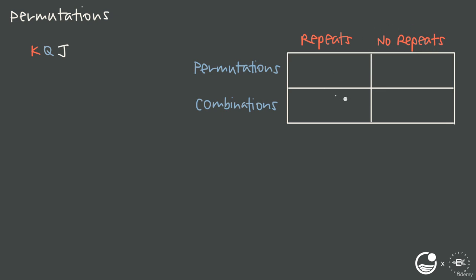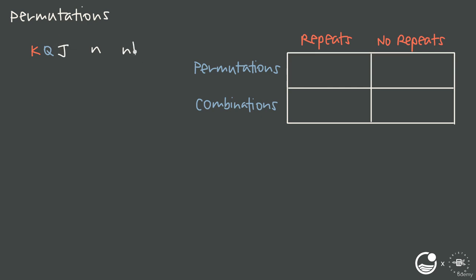So to start building out this table, let's go back to our king, queen, jack example from the factorials lecture. If you remember, when we had 3 face cards and we wanted to arrange all 3 of them, we said that the number of possible arrangements was going to be equal to 3 factorial because we had 3 items in the set. So in other words, given n items, the number of arrangements was n factorial.